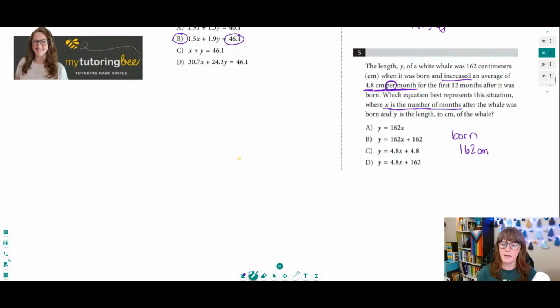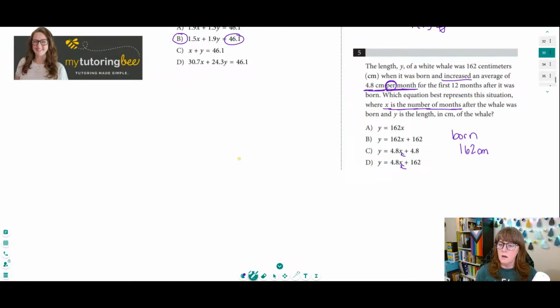So whatever this x is, we can just substitute in the number of months after the whale was born. Let's say we want to know how long this whale was 6 months after it was born. We would just substitute in 6 for that x and multiply it times 4.8, because we know that each of those 6 months, the whale grew 4.8 centimeters.